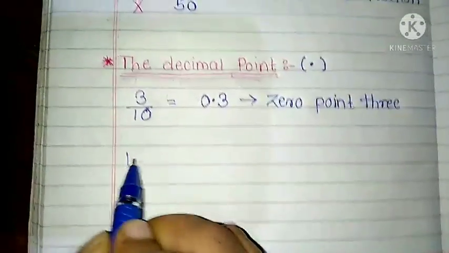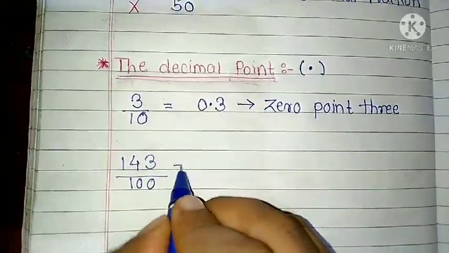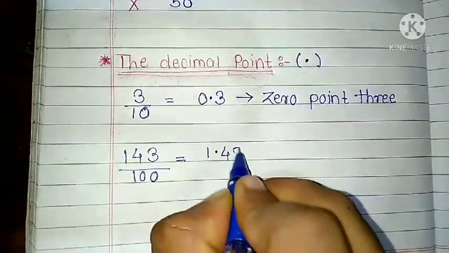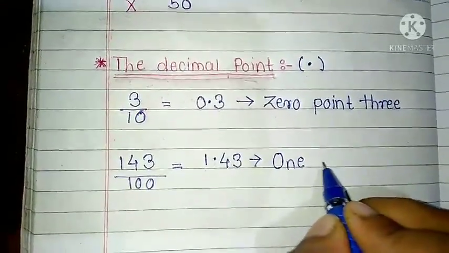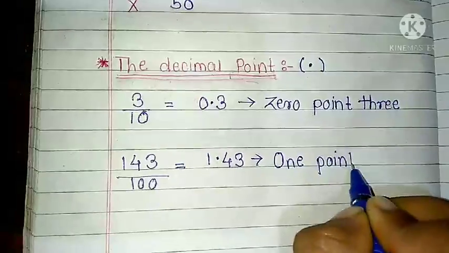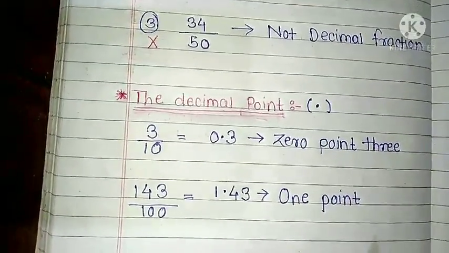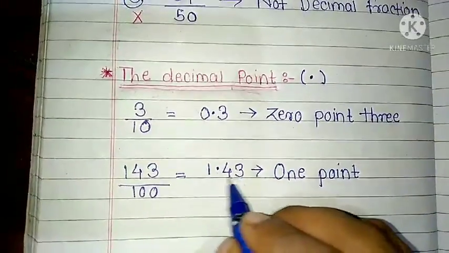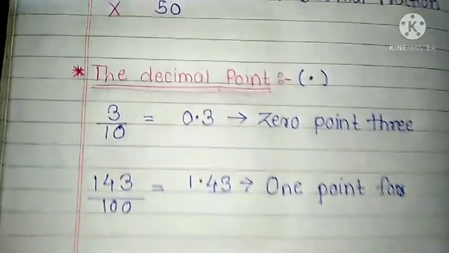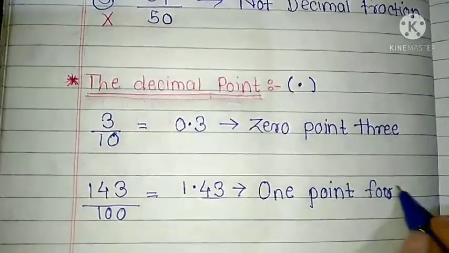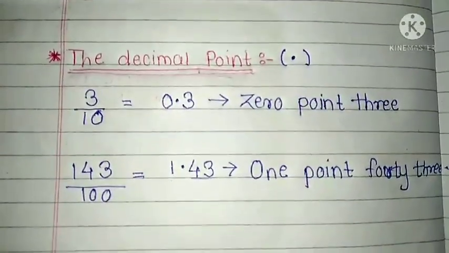If the number is 143 divided by 100, it is written as 1 point 43.